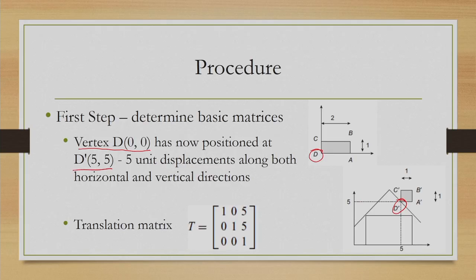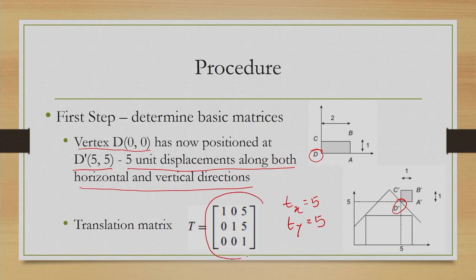So, origin got repositioned to 5 5, that is essentially 5 unit displacement along both horizontal and vertical directions. So, then Tx equal to 5 and Ty equal to 5. If we use these values in the transformation matrix for translation, then we will get this matrix in this current case.